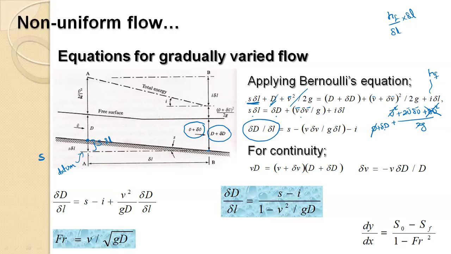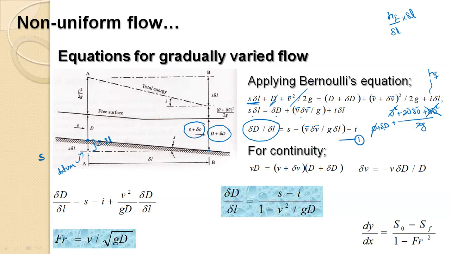So delta D by delta L will be equal to S minus V bar delta V bar divided by G delta L, minus I. I'll call this equation number 1.